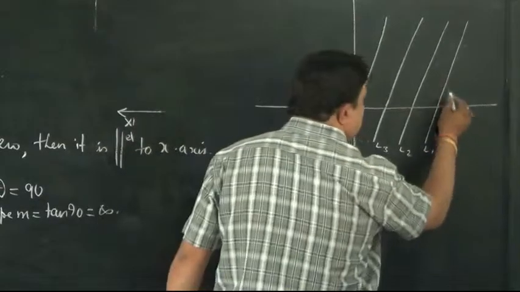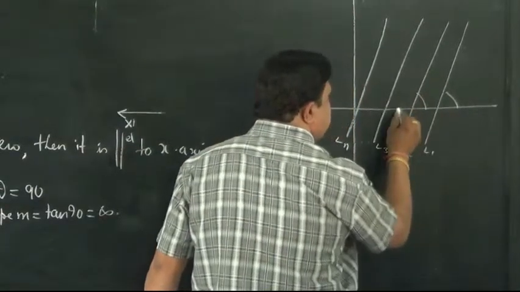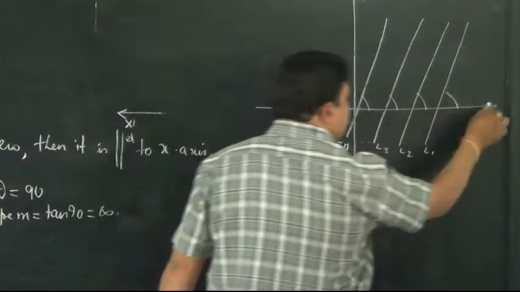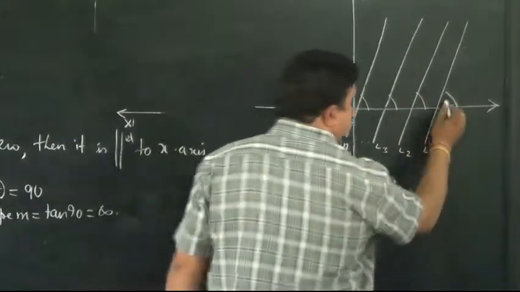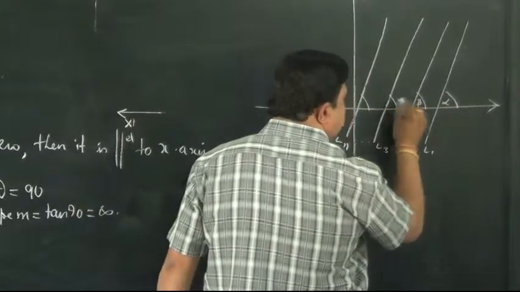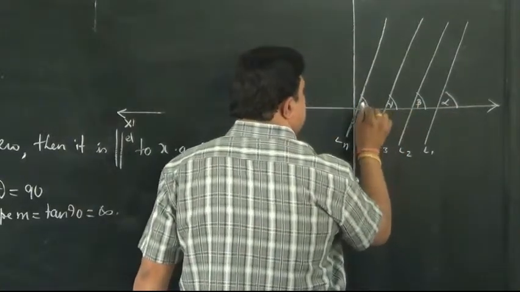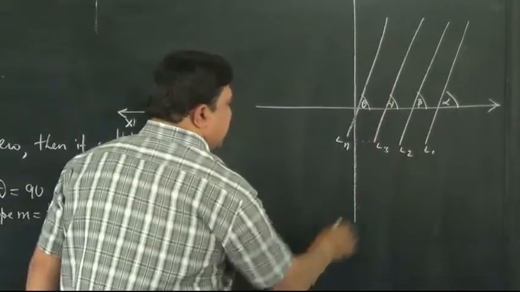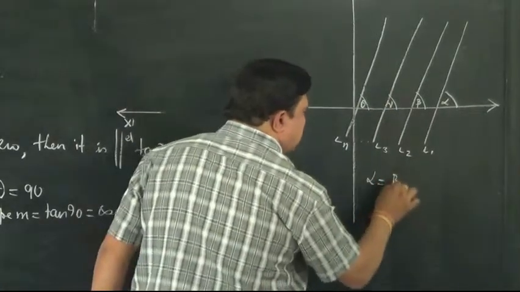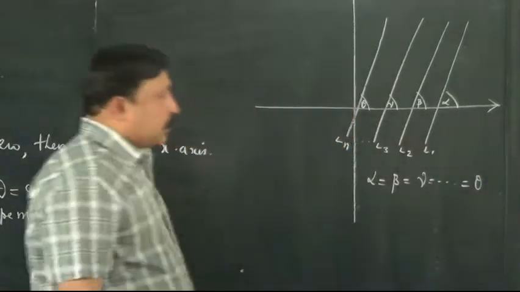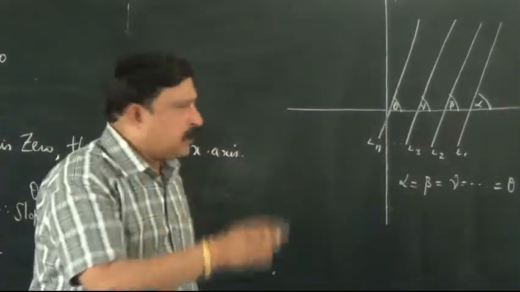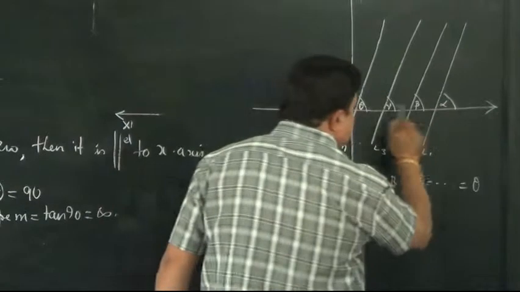Therefore, the angles made by these lines with the x-axis in the anti-clockwise direction should be the same. Suppose these are alpha, beta, gamma, etc. and theta, then alpha equals beta equals gamma equals etc. equals theta. Because all these lines are parallel to one another, these angles must be the same.